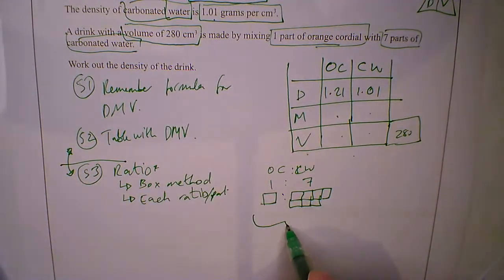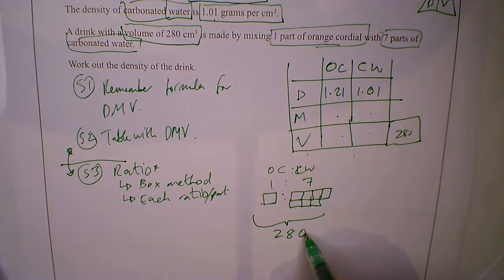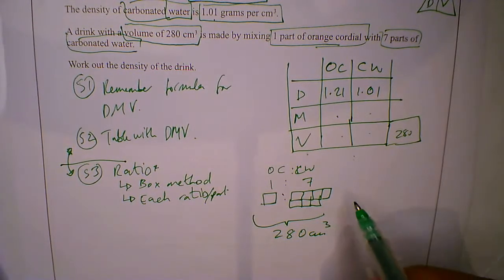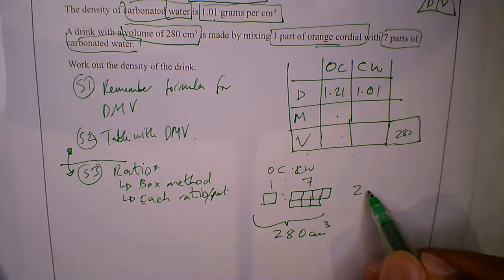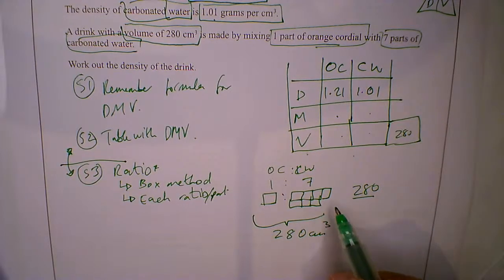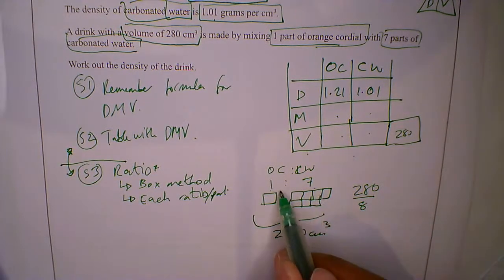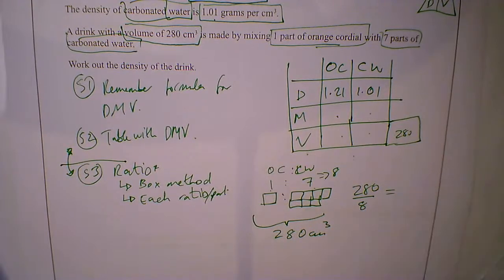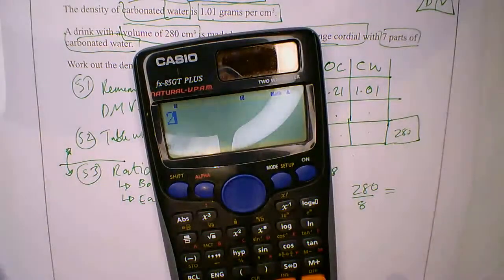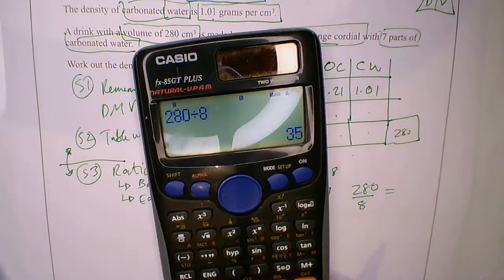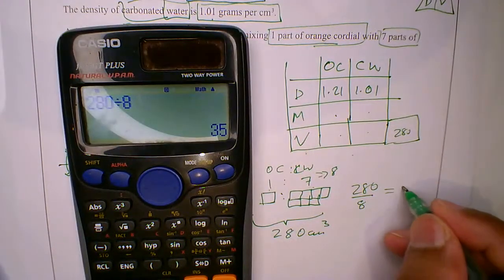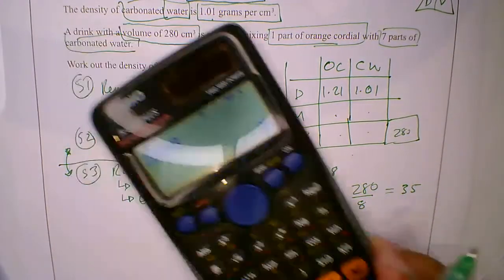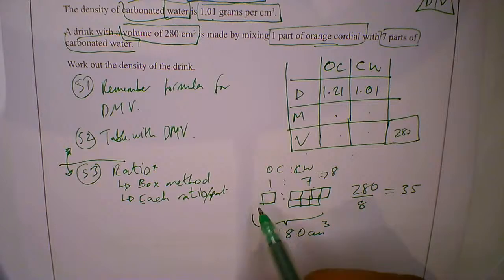So the 280 represents all of that. I'm going to do 280 divided by 8, because 1 plus 7 gives me 8 parts altogether. Let's see what that is. 280 divided by 8 is 35. So each box is worth 35.